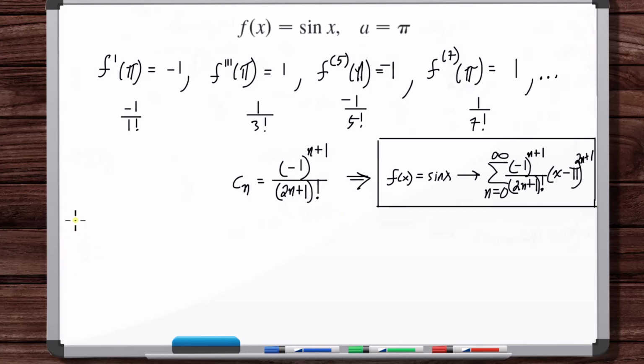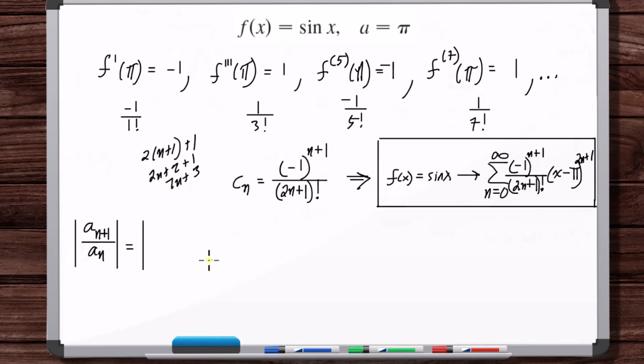So now let's get the radius of convergence. The -1 to the n plus 1 goes away, and we've got 2 times n plus 1 plus 1, 2n plus 2 plus 1.